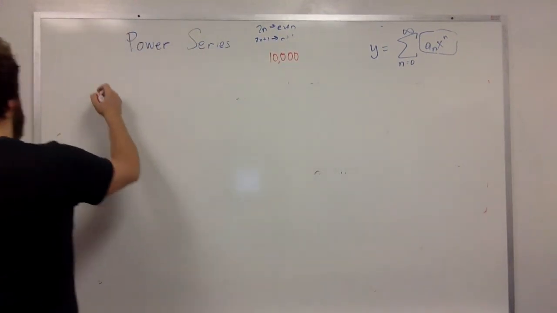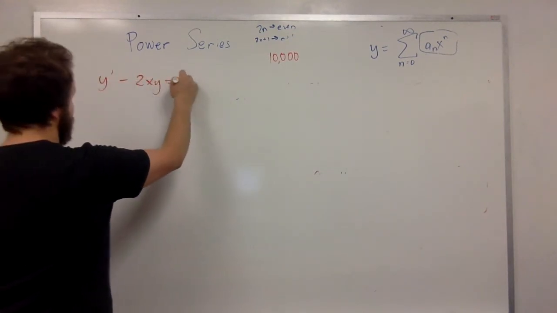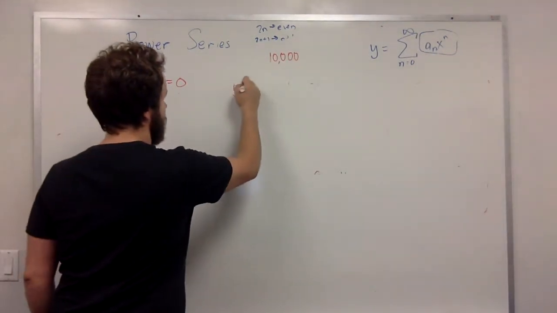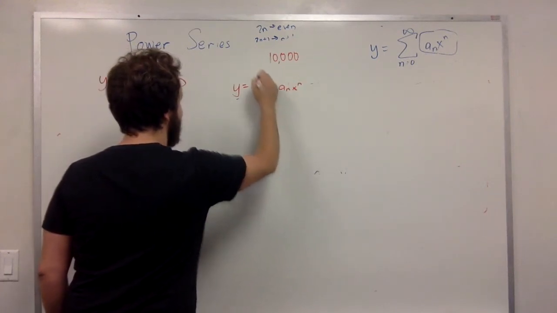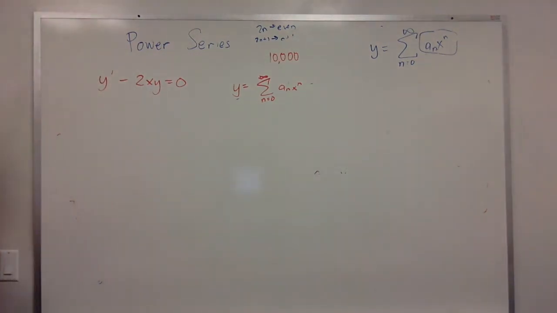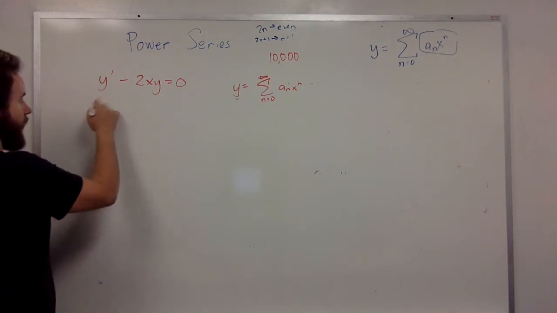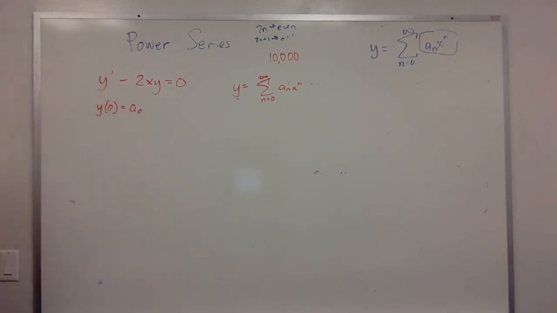Okay, all right. So let's say solve y prime minus 2xy equals 0. We want a power series solution, but we're not given anything like a0 is 1. So we say that y of 0 equals a0, kind of what you're working with.